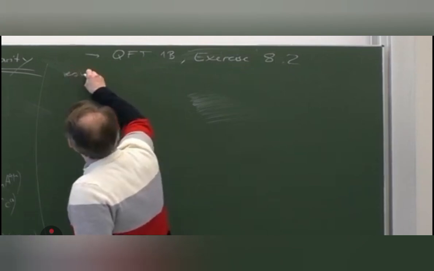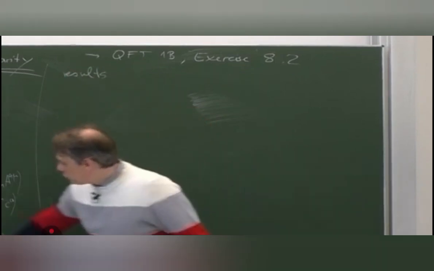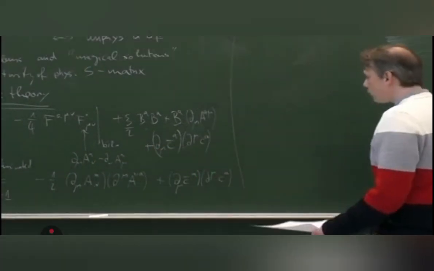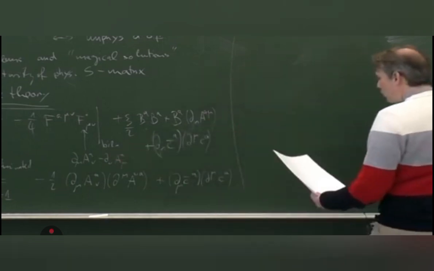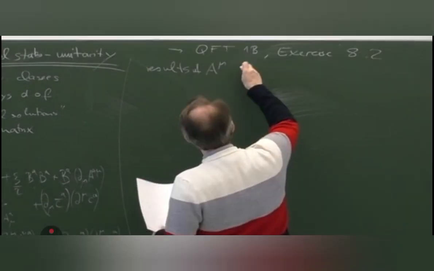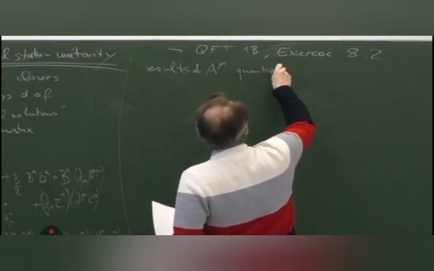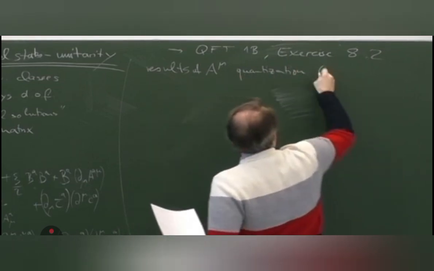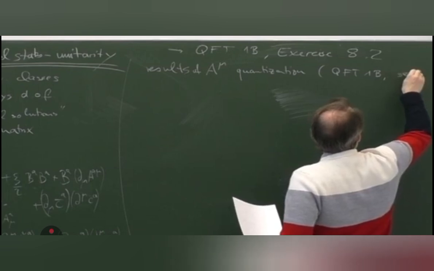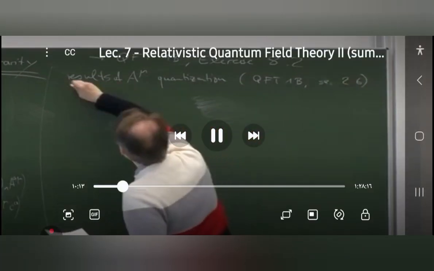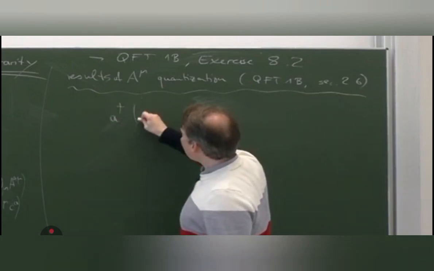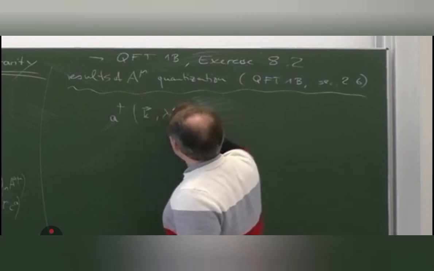So let's do this. Let's start with the quantization of the free vector field, which is identical to the quantization of the free photon field in the gauge with ψ equal 1. So let's write down the results of the A_μ quantization. That was in section 2.6 of our lecture. The result is that we get creation and annihilation operators, a†(k, λ).